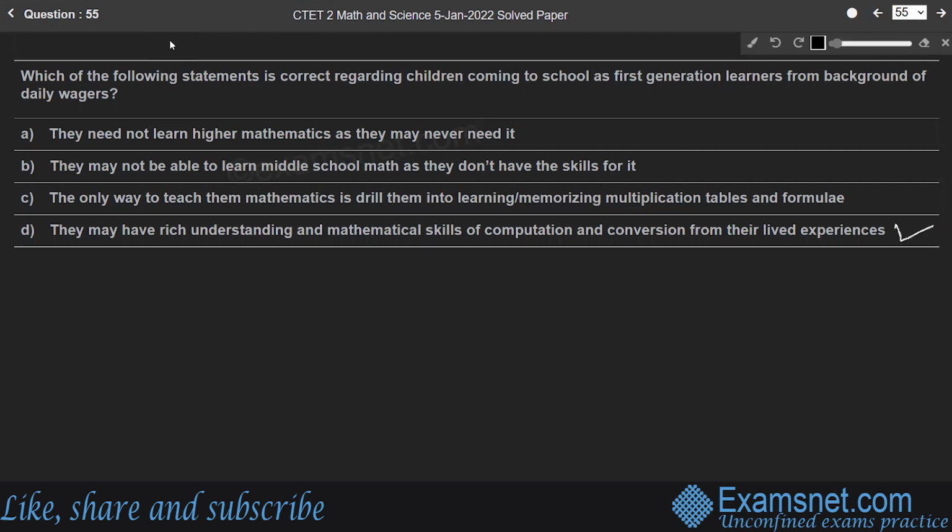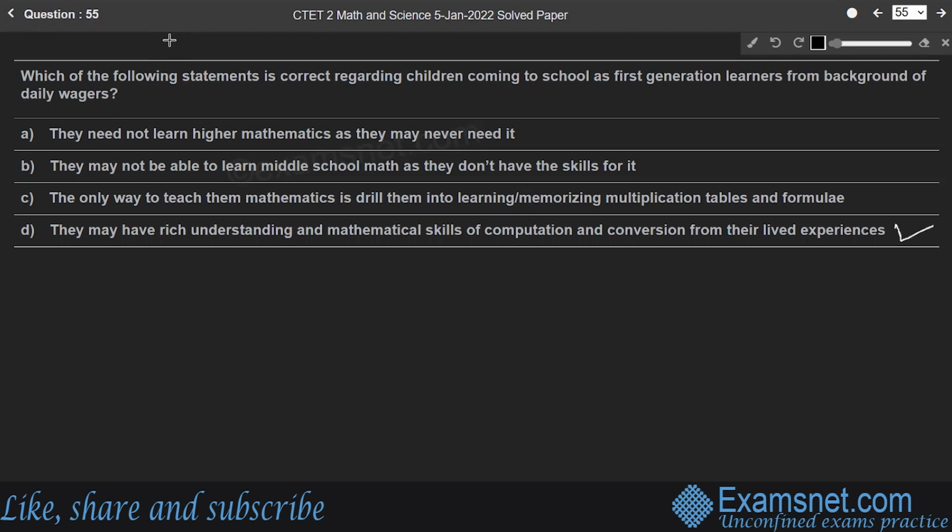Children don't come to school with blank minds or knowledge. They already have a lot of knowledge through their daily life experiences. They come to school as first generation learners, but they know particularly about the topics related to their daily life experiences. Daily wage workers compute their work and the wages they got and check if they got the correct amount for the work they have done.